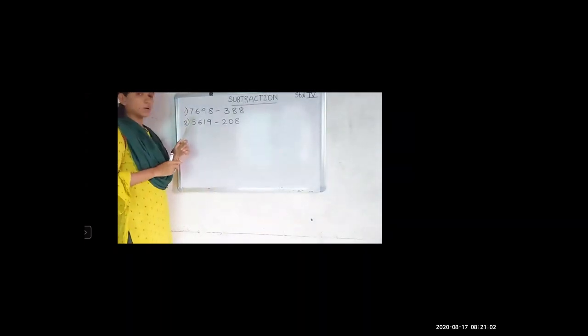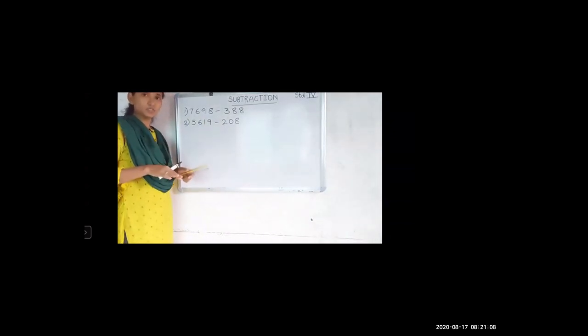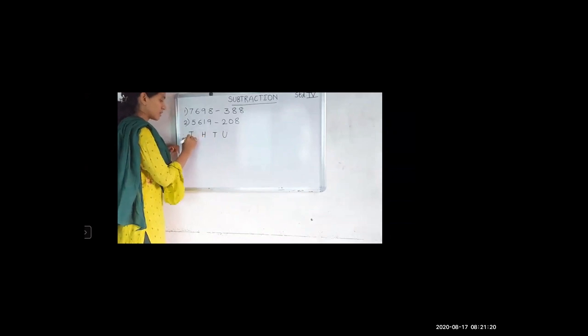So now I've also observed one more thing, that when one number is of 4 digit and the other number is of 3 digit, sometimes students get confused about how to write these kind of numbers in a vertical form. So I'm going to solve this for you. Units, tens, hundred, thousand.